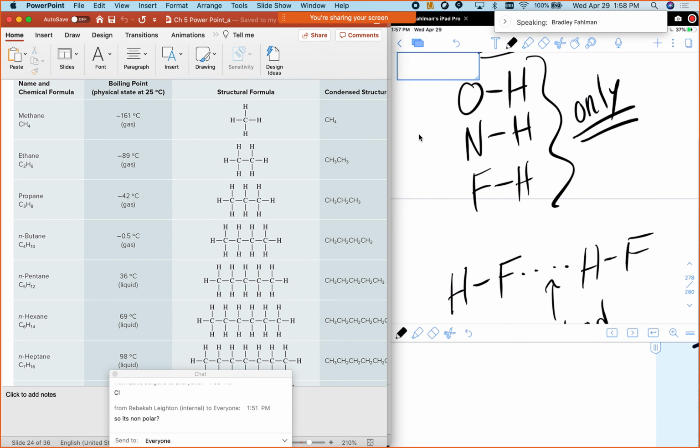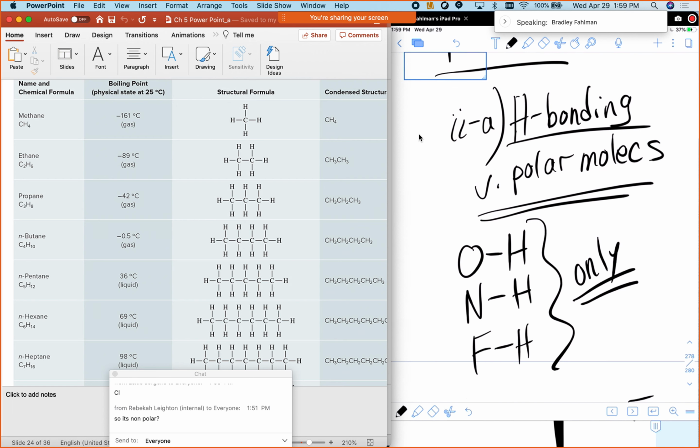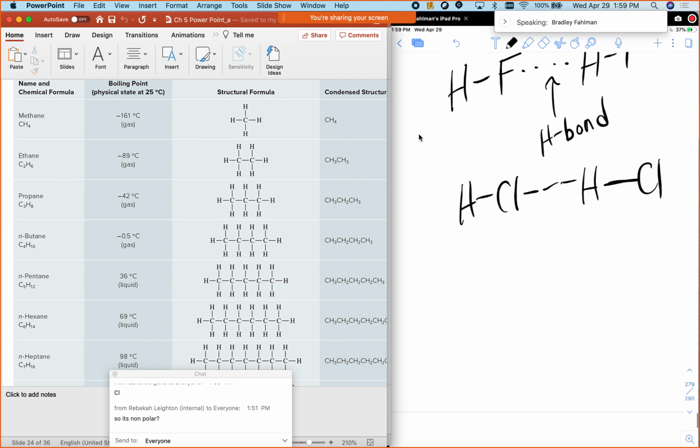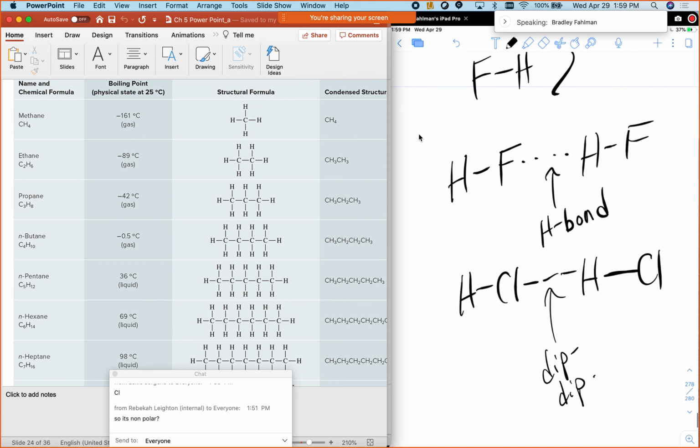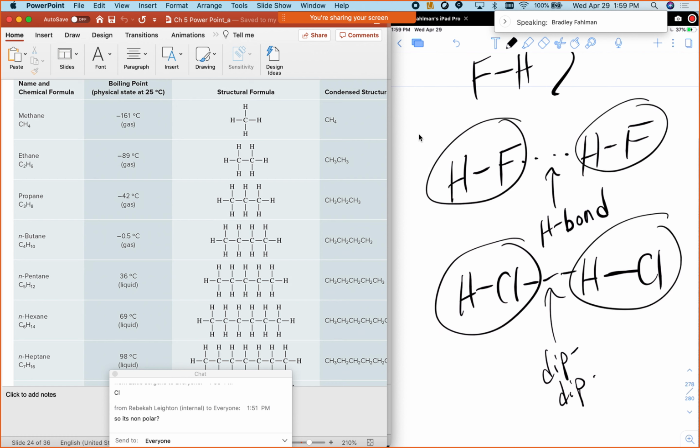Okay, there we go. This is a dipole-dipole, or dip-dip, I'll say here. Both of these are polar molecules, all of them. But if you have an H that is not on a nitrogen, oxygen, or fluorine, now it's just dipole-dipole.